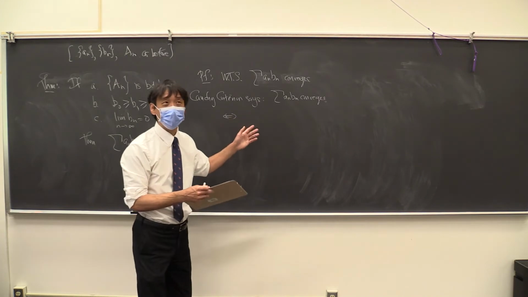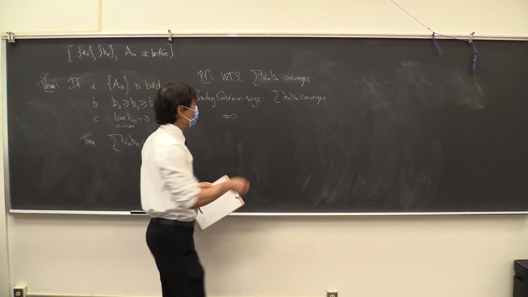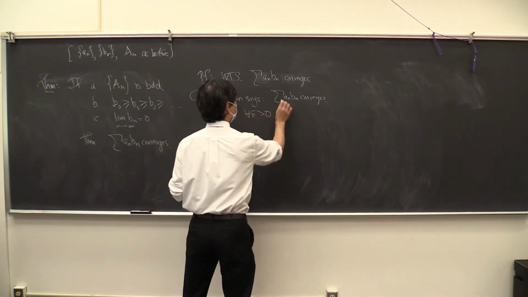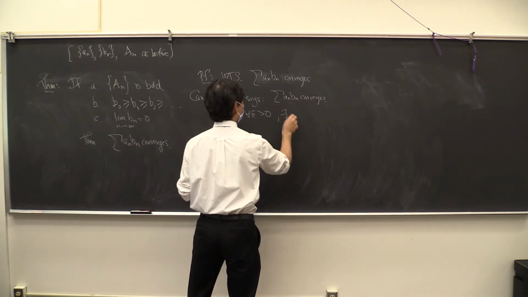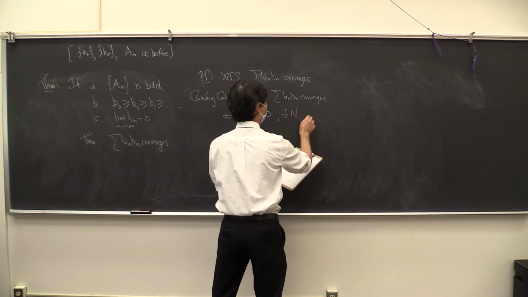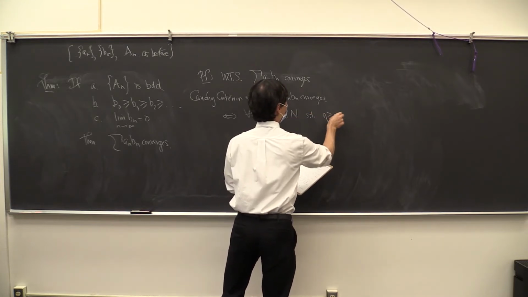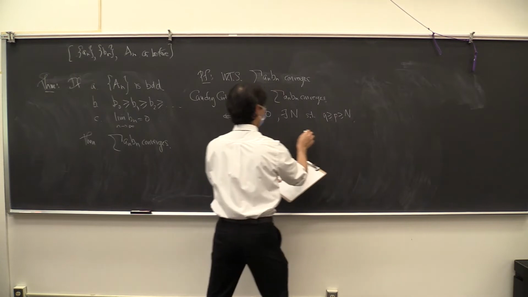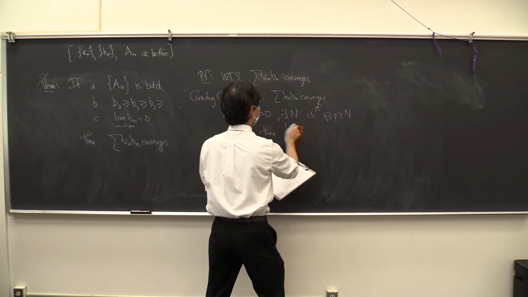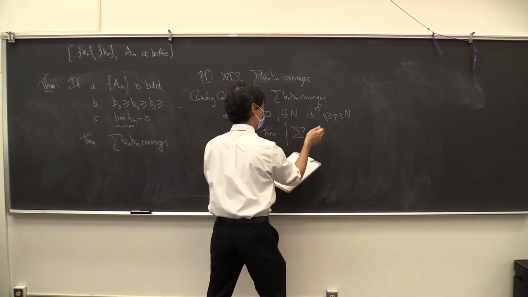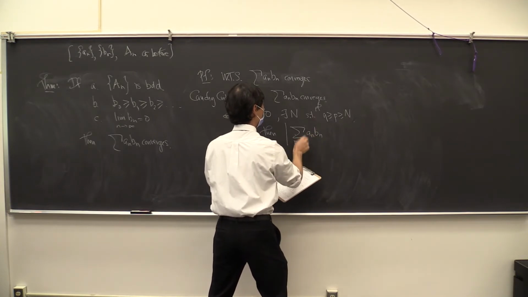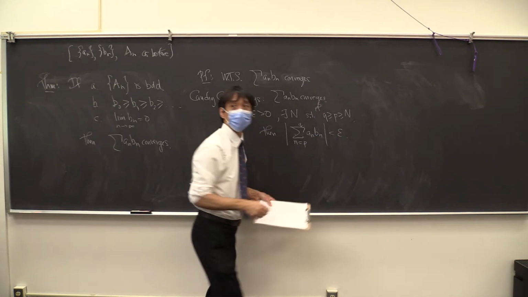So let me phrase it in the epsilon language. It says that given any epsilon, there exists some N, let me make my notation consistent, such that if you're past that time, then the size of the truncated tail, the sum of a sub n b sub n from n equals p to q, is smaller than epsilon.